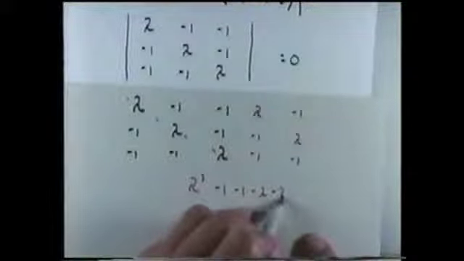This would be a positive lambda, but I have to reverse the sign, so it would be a negative lambda. That would be a positive lambda, but going up reverses the sign, that would be a negative lambda. So I'd get lambda cubed minus 3 lambda minus 2 for my determinant.